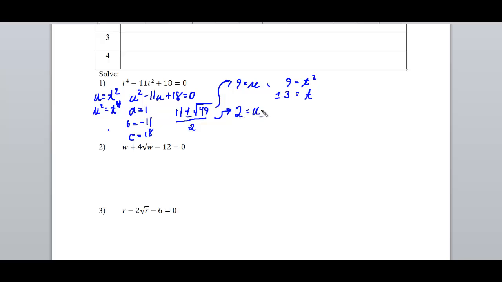My 2 is equal to u, my u is equal to t squared, therefore 2 is equal to t squared, which means I have to take the square root of both sides, so t is equal to plus or minus square root of 2. Now I have to go back and check my answers here, and to do so is going to have me basically lose everything I've written so far, so you may want to write down that the answers are plus and minus 3 and plus or minus square root of 2.